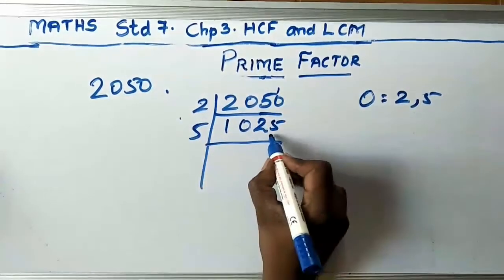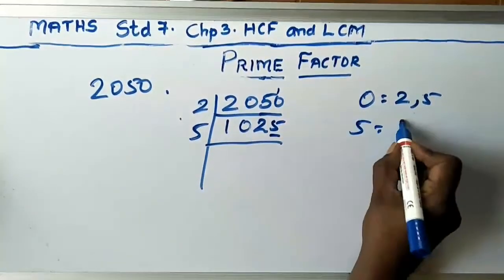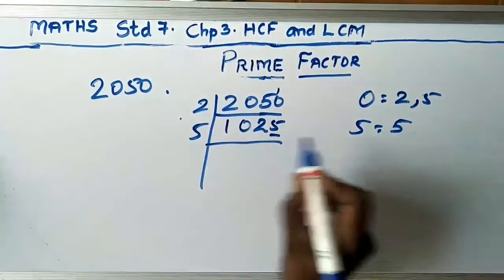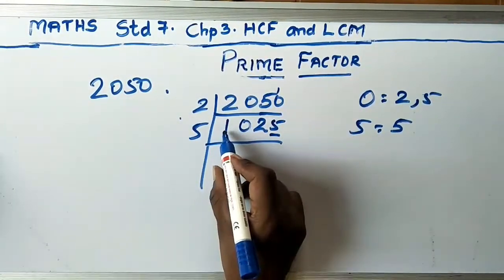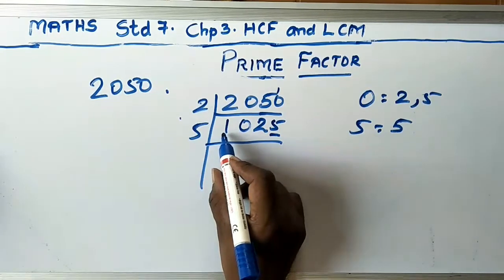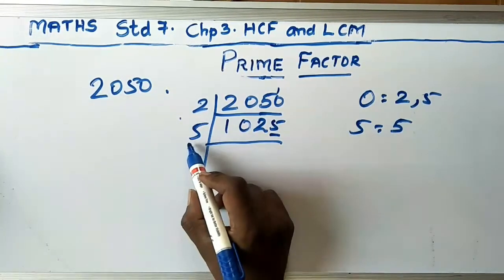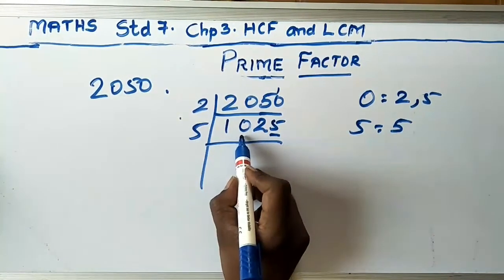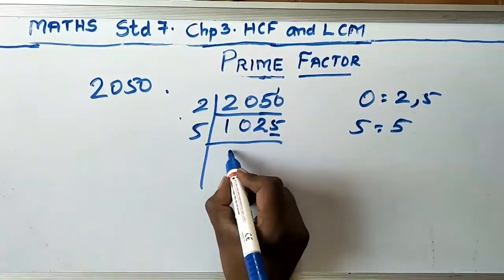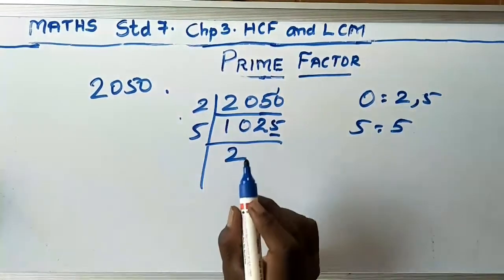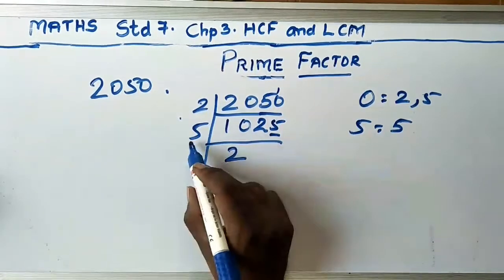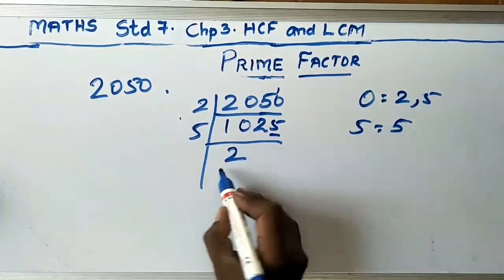1025 goes in 5 table because if 5 is in the unit place, you should write only in 5 table. So 1 is not divisible. 1 is a single digit number which is smaller than 5. So take a 2 digit number. So 10. 5 2s are 10. 10 goes in 5 how many times? 2 times.